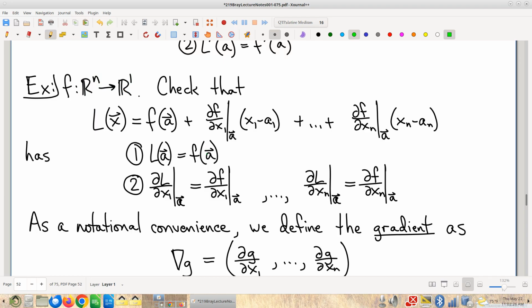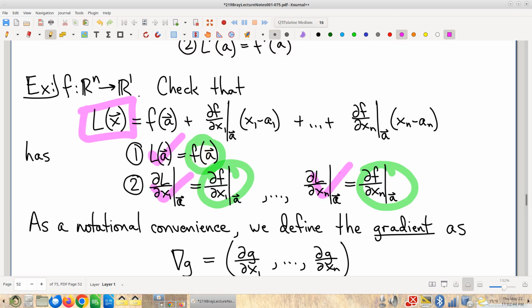Namely, we've got a function that has a certain value and certain partial derivatives at the point in question. How would we copycat that? How would we find a degree 1 polynomial called L that has the same value and all of the same partial derivatives? So again, that's the best we can do to copycat f at the point a.